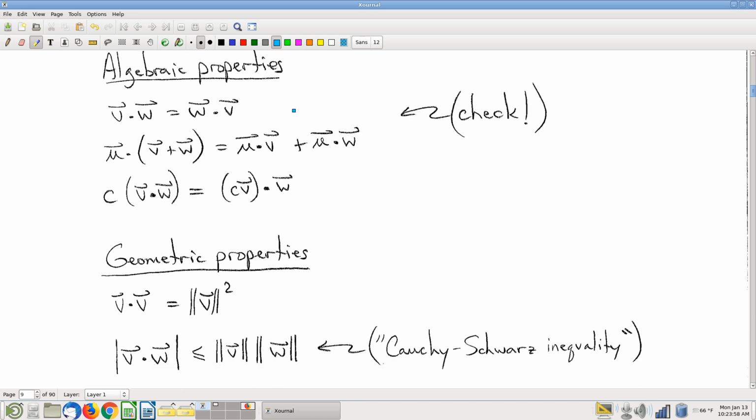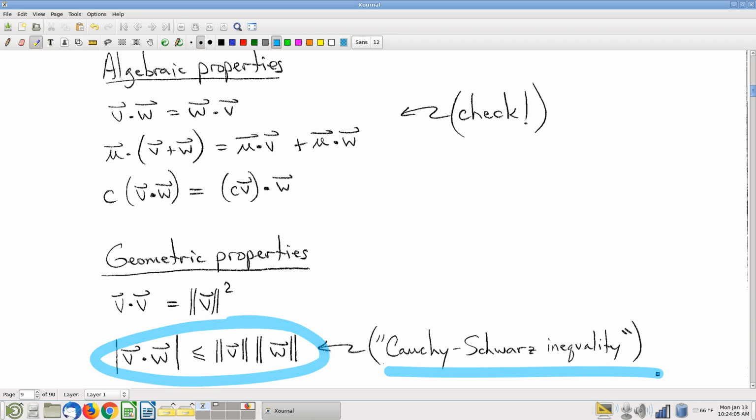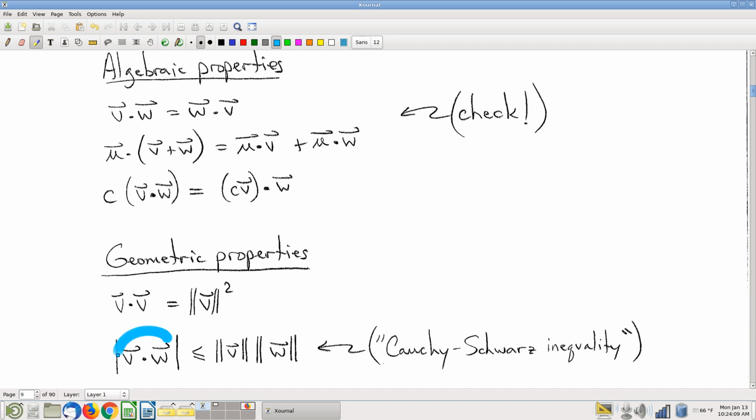Okay. Here's one that's much more surprising, though. It's called the Cauchy-Schwarz inequality, and it says that any dot product, the absolute value of it will always be less than or equal to the product of the magnitudes of the two vectors.